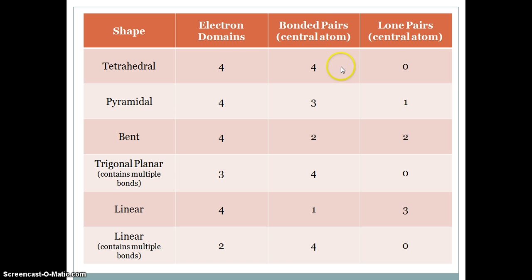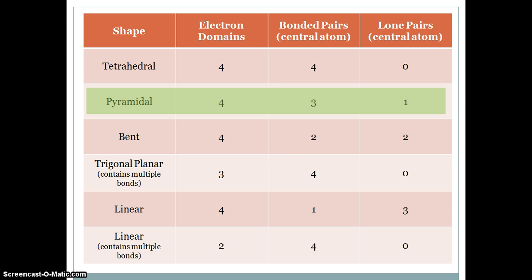And then you have to look at the bonded pairs around that central atom and how many lone pairs there are around that central atom. So the first one, tetrahedral, was the one we just did, CH4. There were 4 electron domains, all 4 of them were bonded, and there were no lone pairs. And so we have the tetrahedral shape.